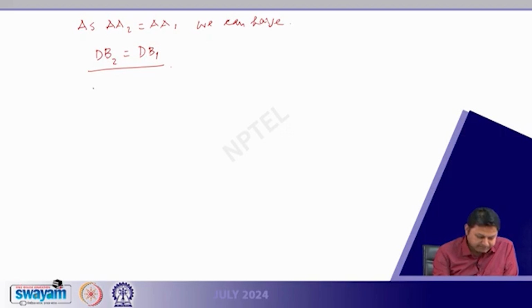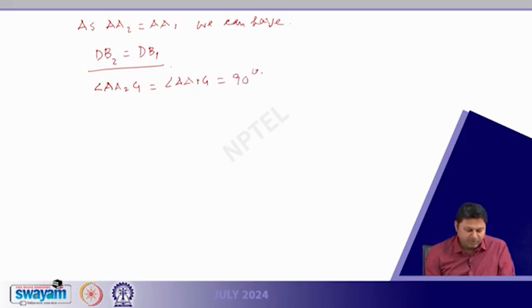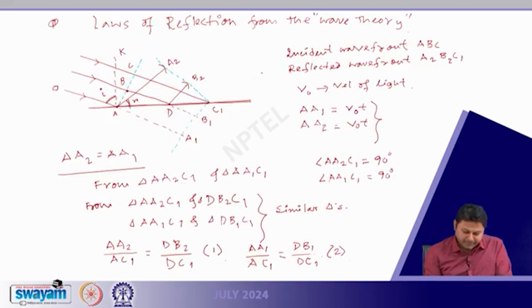That angle, as I mentioned already, angle A2 A C1, which is equal to angle A1 A C1, both are 90 degree. So, let me check which angle I am talking about. So, A2 A C1.